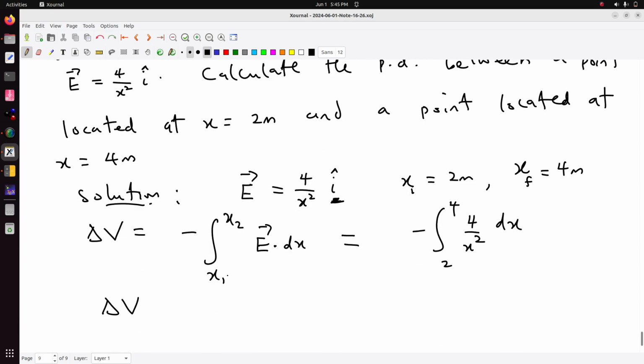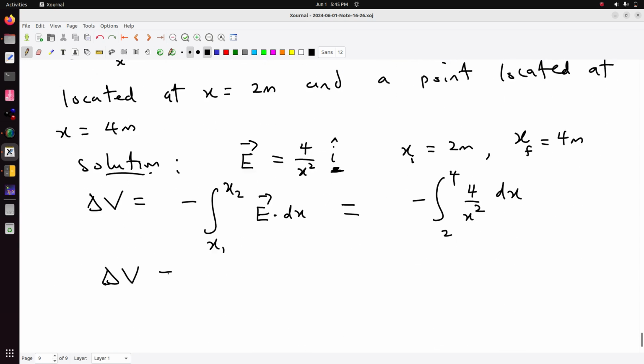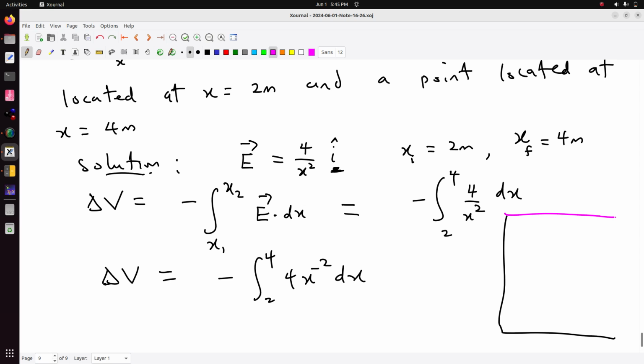Now, the delta V is minus the integral, which we can write as 4x^-2 dx. From standard integral, if you have the integral of x raised to power n dx, it is x raised to power n plus 1 divided by n plus 1.